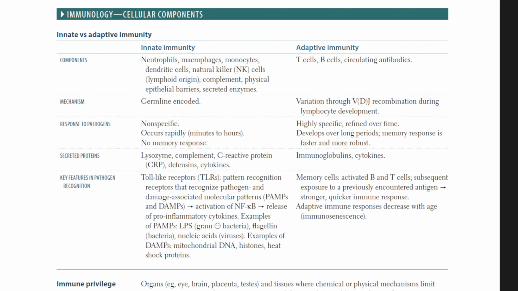They are released by many different types of cells, including immune cells, fibroblasts, and endothelial cells. So we have pro-inflammatory cytokines and anti-inflammatory cytokines. Examples are interleukins, chemokines, interferon, and tumor necrosis factor. All of those are different kinds of cytokines.